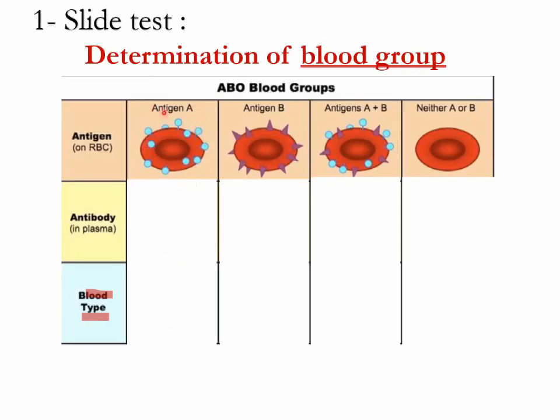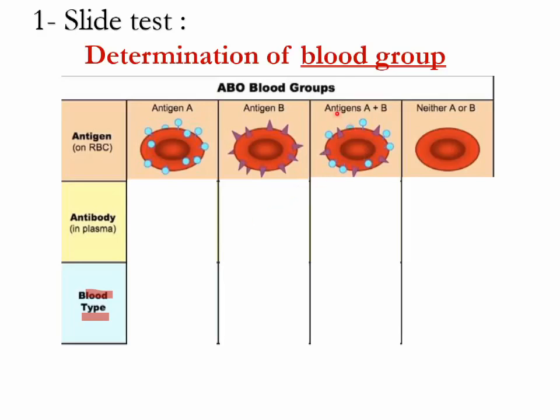You have antigen A, so from the name of the antigen, it's blood type A. And what is the antibody which is going to be in the serum? It's anti-B. For antigen B, which is expressed on the surface, you're going to have blood type B, and what's in the plasma or in the serum for the antibody is going to be anti-A.